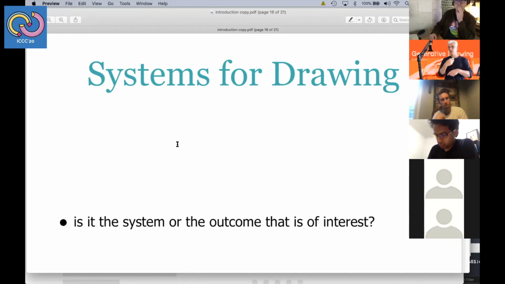Or it could be that I program the drum machine and give that to people, and actually the algorithm performs in real time for people. So it's this interesting tension between where the generative aspects occur. Is it the system or the outcome that's of interest? And for some artists, it's very, very explicitly this possibility space. So they're designing a set of possibilities or instructions rather than the finished item. And so, yeah, in answer to your question, I don't know where the art lies, but that's what I find intriguing and exciting.